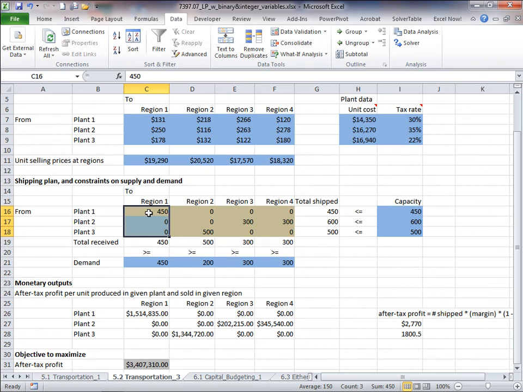Now we're maximizing profit. And we got a completely different solution. In fact, you'll notice, remember before our lowest cost was this 116, which would correspond to that decision variable?